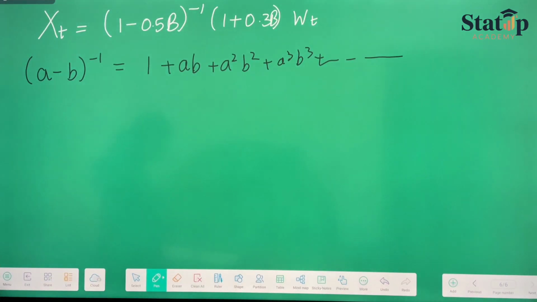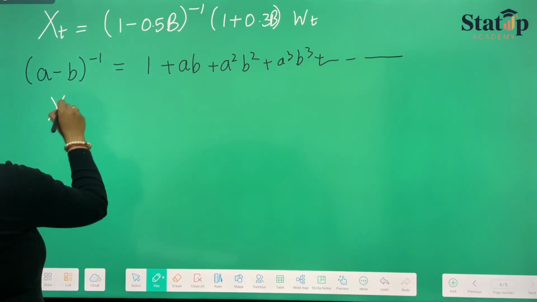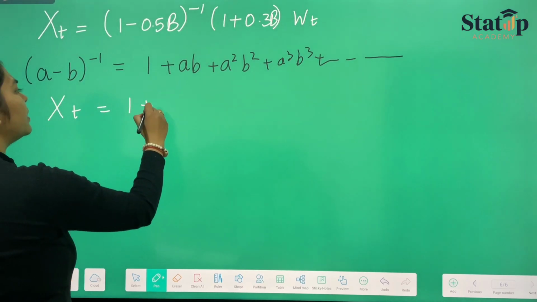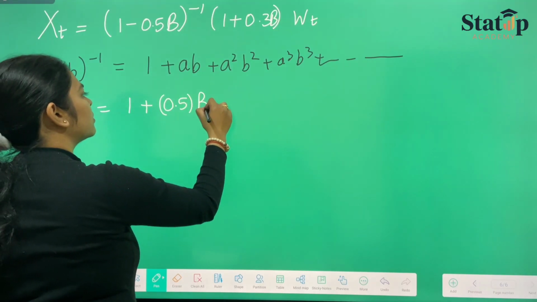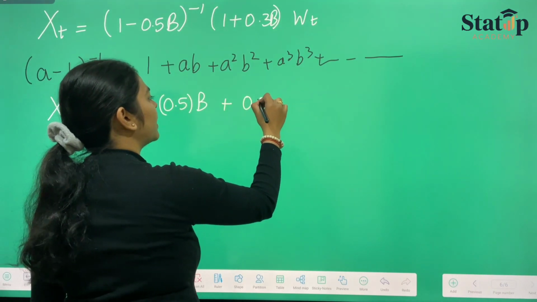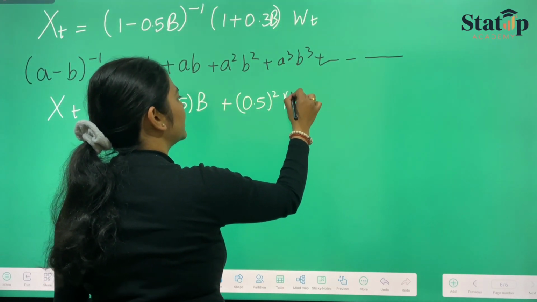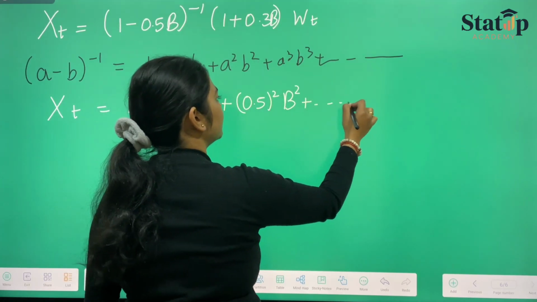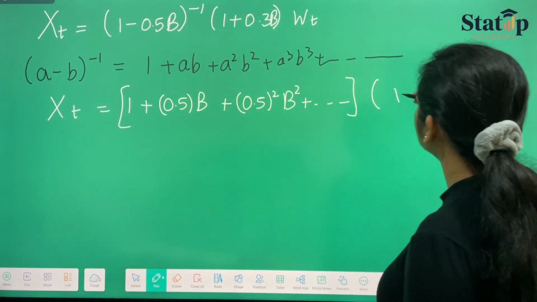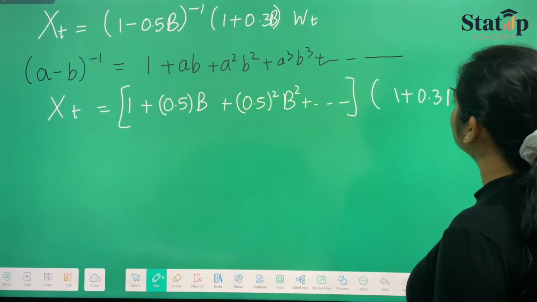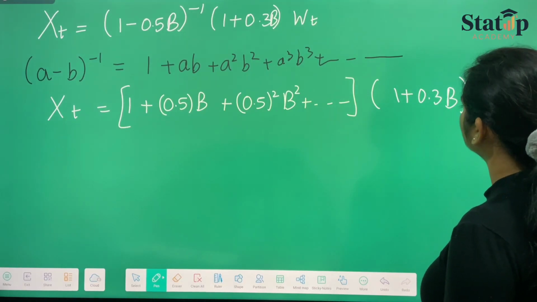Okay, so opening this bracket, we will be getting 1 plus 0.5 into b plus 0.5 whole square into b square plus and so on. This is the bracket. Then the next bracket is 1 minus 0.3b wt.